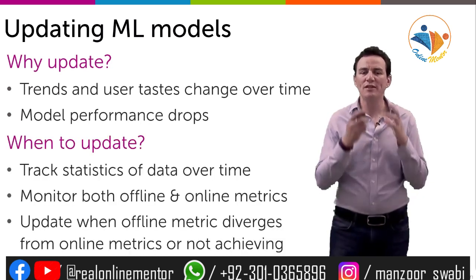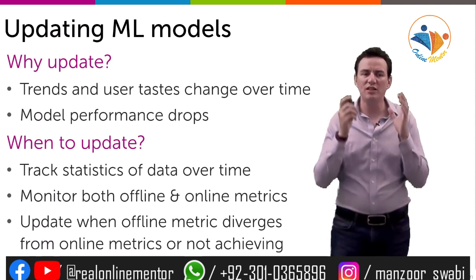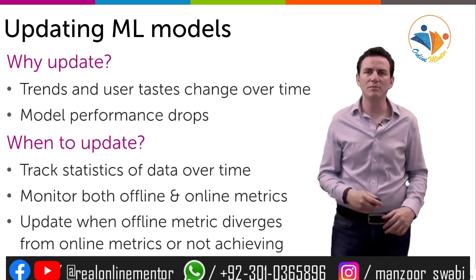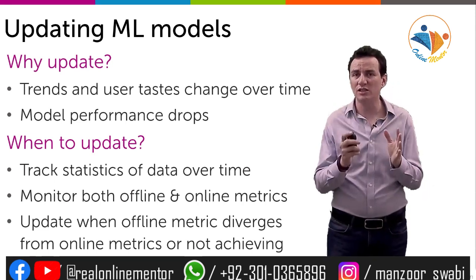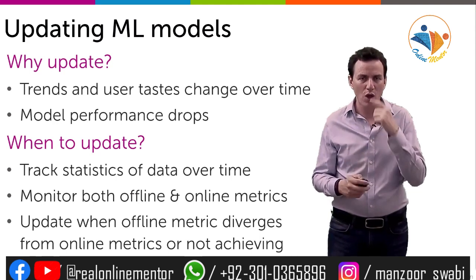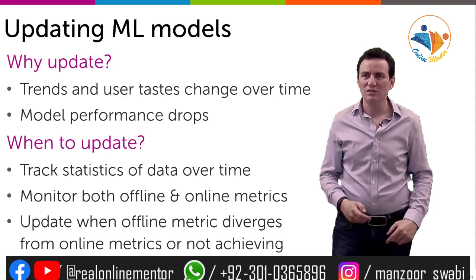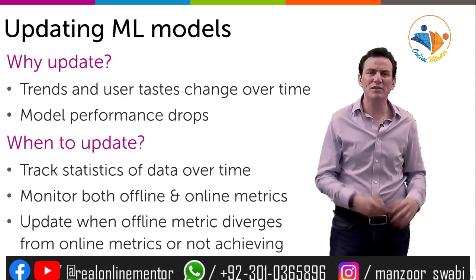That's why we should update it, but when do we update it? When do we say, okay, it's time to take that old model and switch it out and put in a new one? This is about tracking real-world statistics. It's not about intuition, it's not about saying this sounds like the right time, or talking to some person who's not looking at data, some kind of intuitive business analysis.